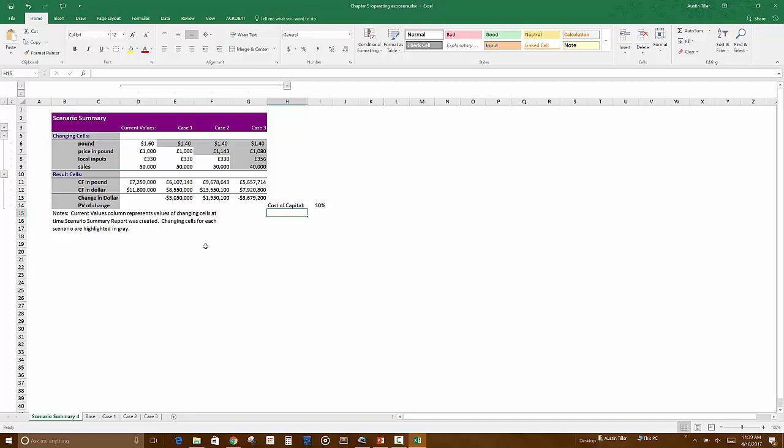Future value divided by 1 plus the discount rate to the power of the payment period. How many terms are there? Infinity. How do we do that?